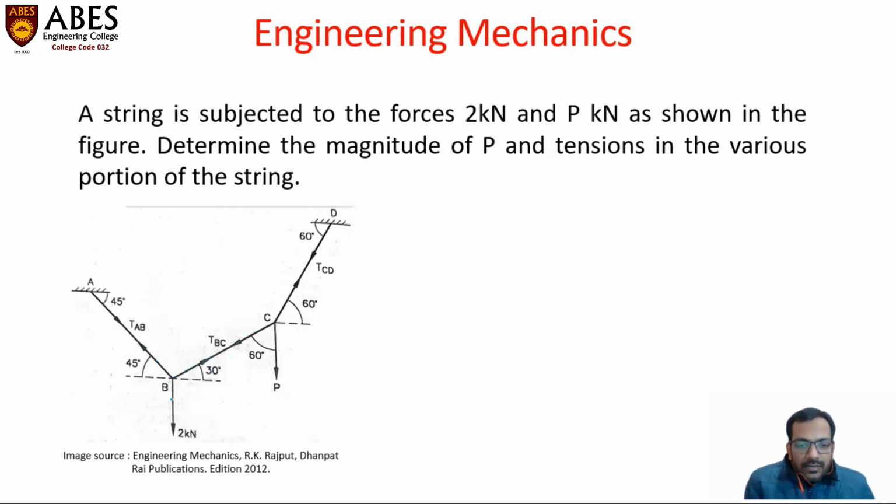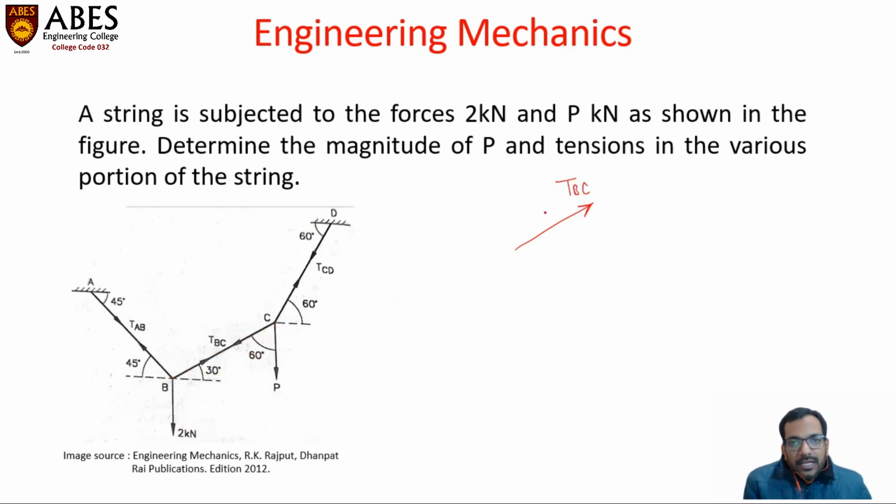So let's consider, we are going to draw a free body diagram of this junction B. So I'm going to draw a separate diagram for this junction B. Suppose this is the junction B. This is the string BC. So the force which is being transferred in this direction is TBC.